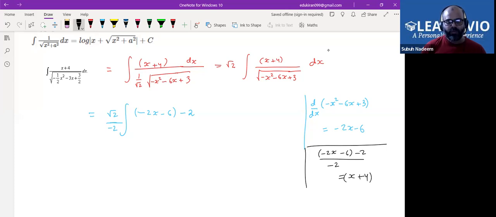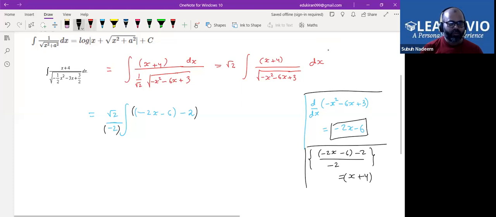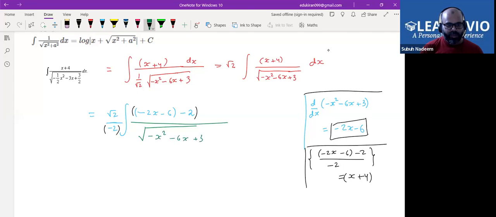I want this term, minus 2x minus 6, which is the derivative of the term inside the square root, and I tried to form x plus 4 in this form. This whole thing gives x plus 4, upon root over minus x square minus 6x plus 3 dx.